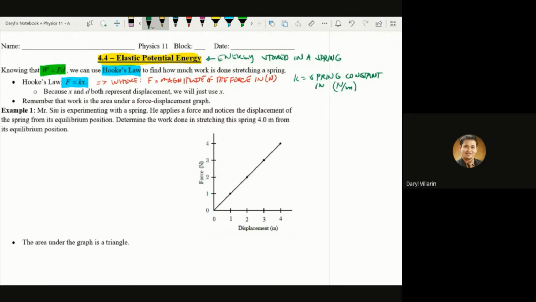And x is just the displacement of the spring from its equilibrium position.